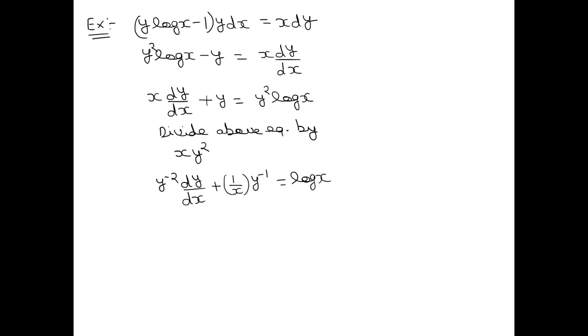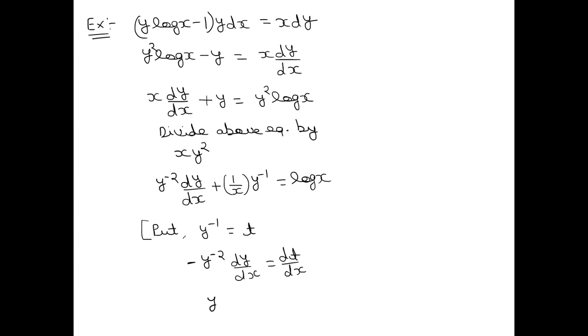Now over here you have to substitute y raised to the power minus 1 as t. Differentiate again with respect to x. You will get y raised to the power minus 2 with a negative sign dy by dx equals dt by dx.